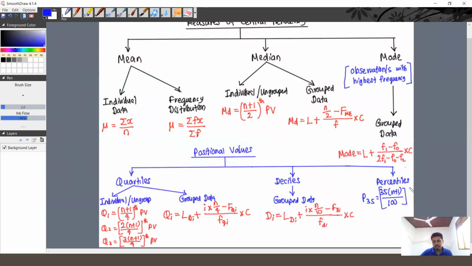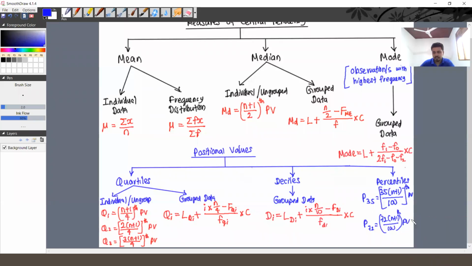So this will provide us where our answer is. We need to take the positional value of it. If we find P72, how? 72 into n plus 1 divided by 100. This will provide us the positional value.